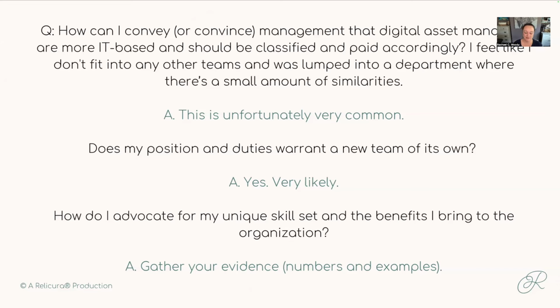And I think finding other examples in peer organizations could be very helpful. So finding a digital asset manager in a different museum, for example, that you can point to as an example of this is what it can look like and this is what this person does, can be very helpful for your case.